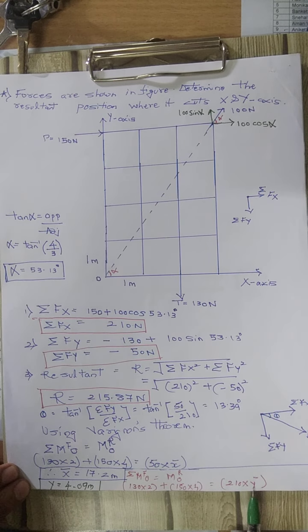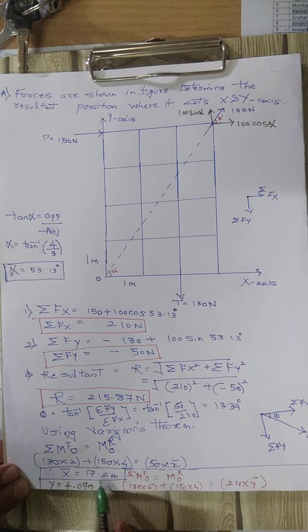The y component, after simple division, 130 multiplied by 2 plus 150 multiplied by 4, after addition divided by this 210, comes to be 4.09 meters. That means for this resultant we have x component as 17.2 and y component as 4.09.